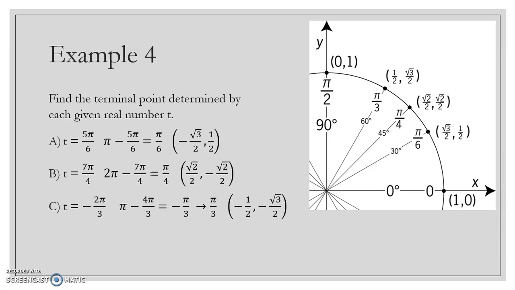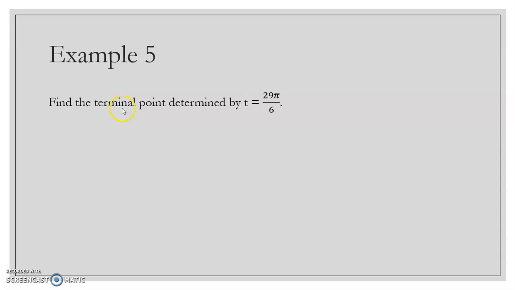Here it is. In this case, they want us to find the terminal point determined by this t value. Now notice this is much bigger than anything on our unit circle. So what I'm going to need to do is subtract out 2 pi until I get to something on my unit circle. So I'm going to bring the unit circle up again, and then I'll start subtracting.